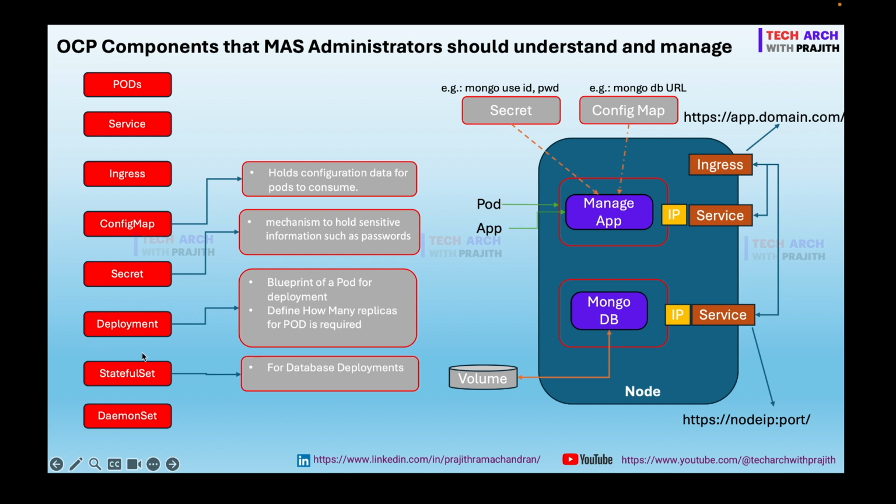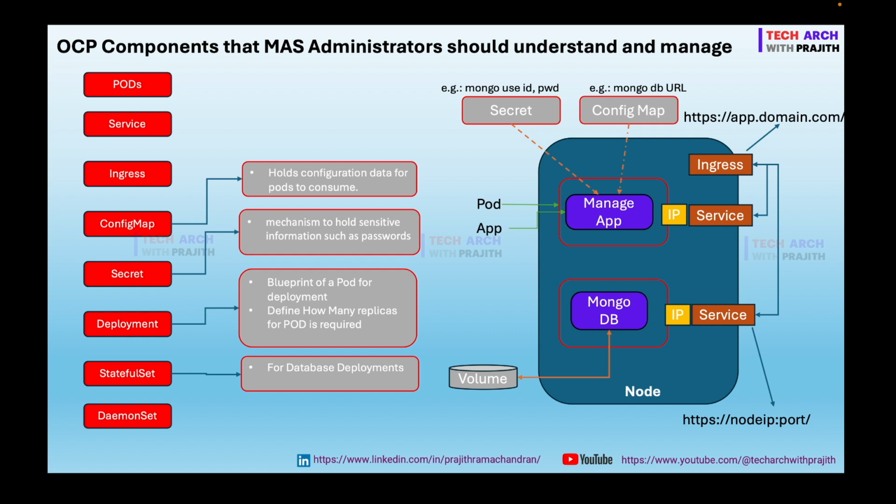Another major object here is the deployment. So deployment is a blueprint of a pod for deployment. It also defines how many replicas of the pod are required. As an application developer, all that you do is create your application, bring all the libraries that it needs for runtime, make a container image out of it, and put it in a container registry.